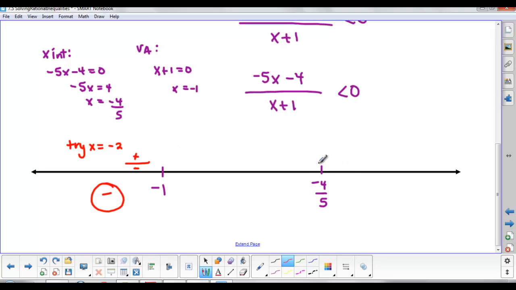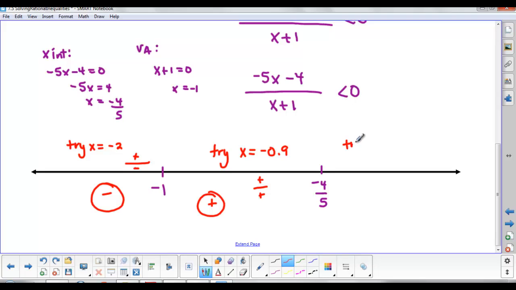In between negative 1 and negative 4/5, so negative 4/5 is negative 0.8, let's try x equals negative 0.9. When we sub this in, we'll get a positive value over a positive value, so altogether that interval should be positive.